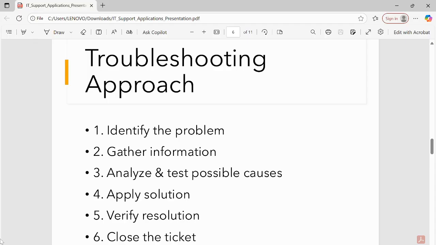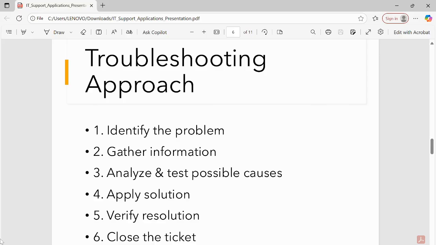You can ask the user whether this issue has been going on since last week, whether it came for the first time, or whether your colleague's machine has the same issue. These questions will give you an idea to troubleshoot the issues. Gather information.